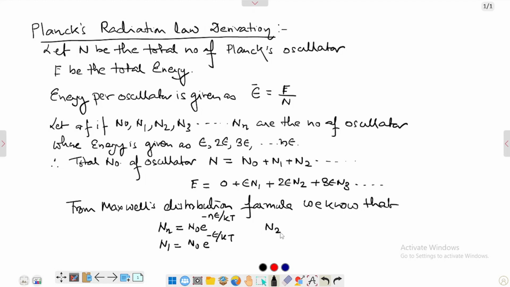For N2, it will be N0 e to the power minus 2 epsilon by kT. For N3, it will be N0 e to the power minus 3 epsilon by kT. So this is how the particles can be written with the help of Maxwell's distribution formula.